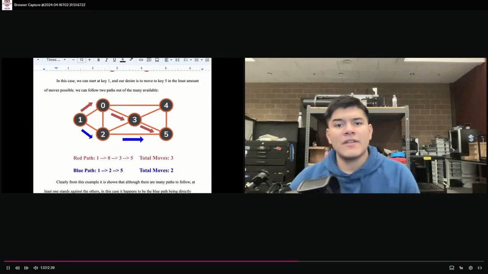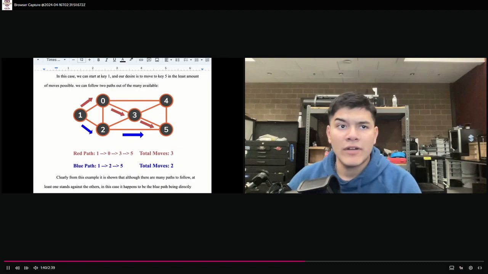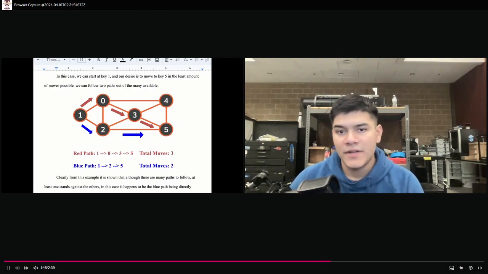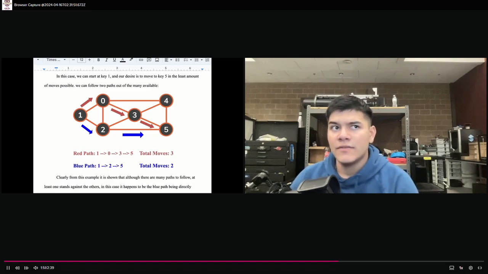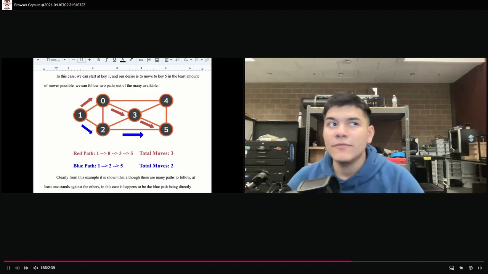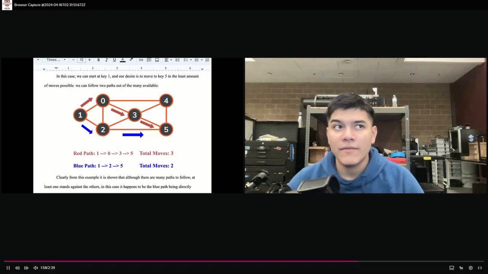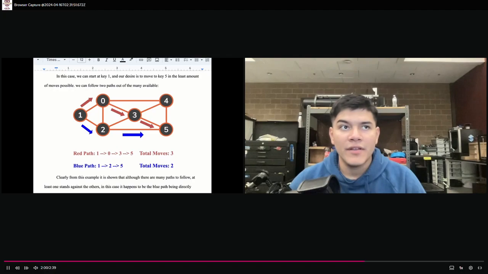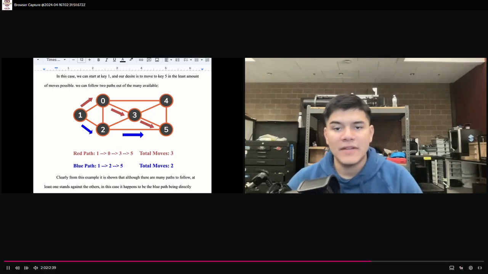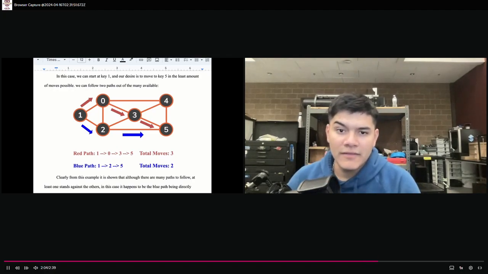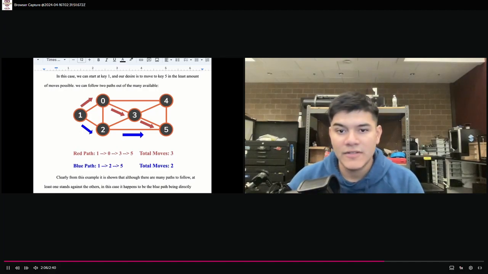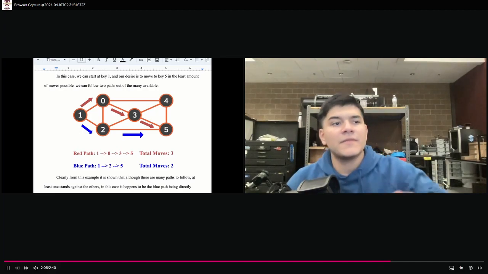And here we visualize two different paths. The red one will require three different moves, and in contrast, the blue one is going to require two. Of course, there are many other paths. These are the two most efficient ones, and we can even make it such that we go from 1 to 0, from 0 to 4, from 4 to 3, from 3 to 2, and from 2 to 5, but this one is going to take us six different moves.